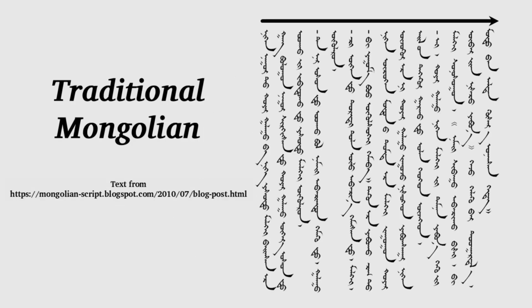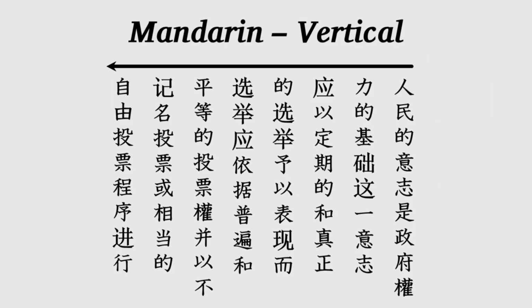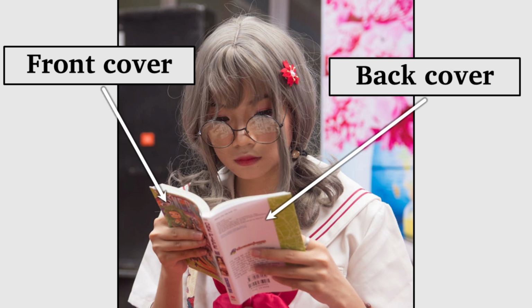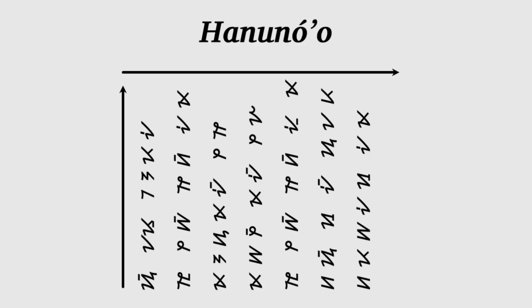In Mongolian, these were then ordered left to right, while in Chinese and Japanese, they were ordered right to left, hence why modern Japanese manga books, even in English, are read from the right cover to the left. A few scripts also run bottom to top, such as Hanunuo, which is used in the Philippines.